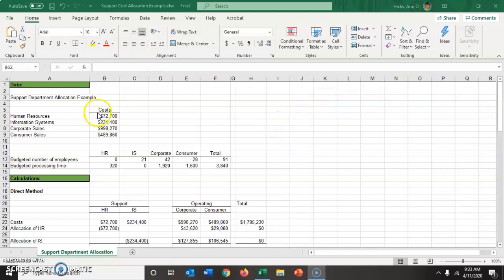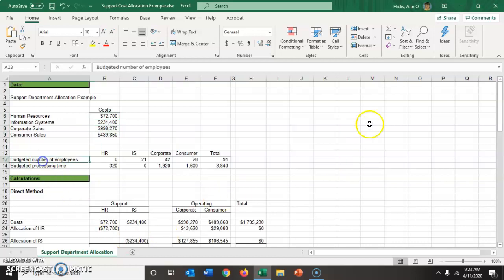So in this example, which is actually in your textbook, it's 15-21, we have four departments: human resources and information systems, which are both support departments. And then we have operating departments, corporate sales and consumer sales. And I've given you the costs that they've incurred in each department.